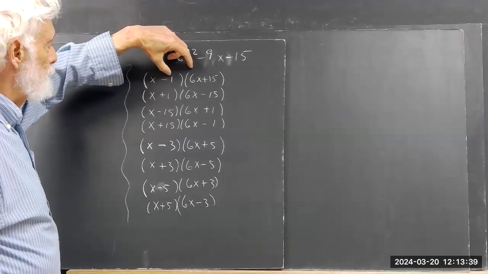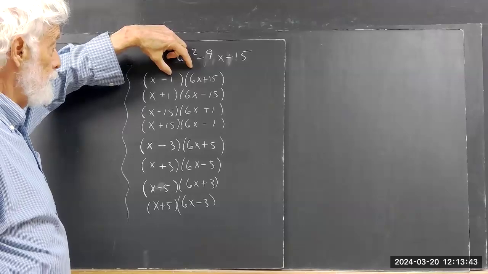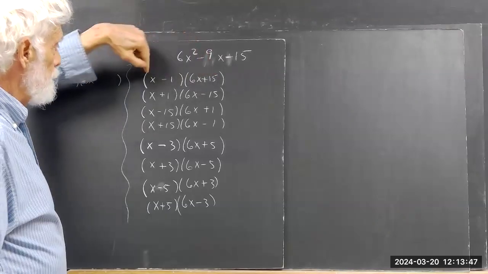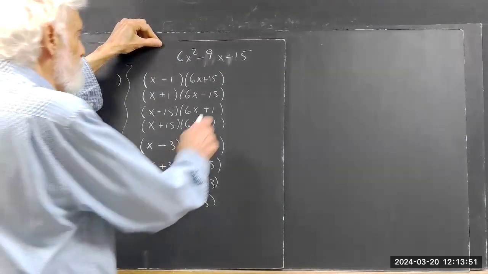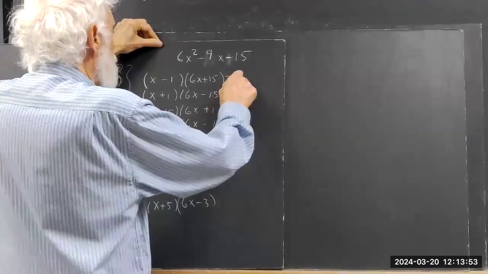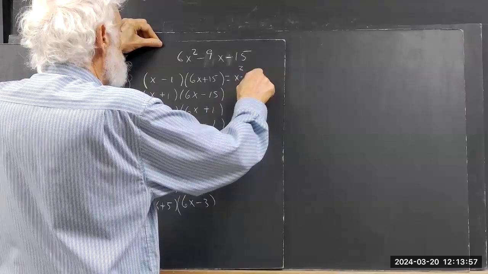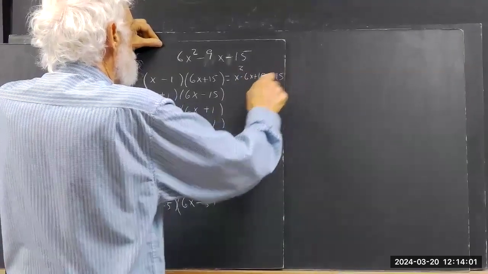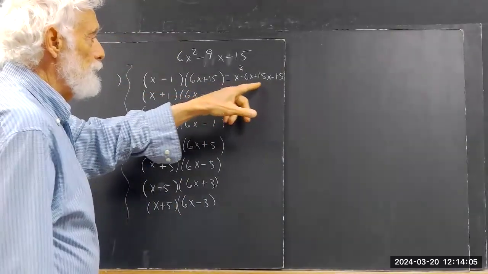If we do x, the -1 times 6x is going to give us negative 6x. And 15 times x is going to give us 15x. Turns out that this is going to be x squared minus 6x plus 15x minus 15. Okay, and that's going to give us a 9x.